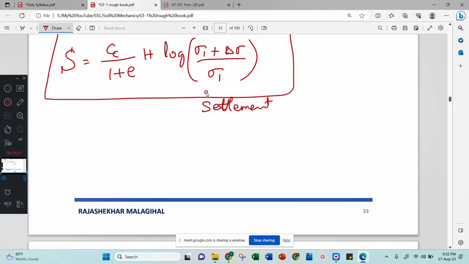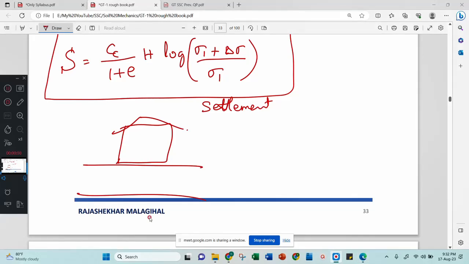See here, generally when you build a building, this is a building built on the soil, and soil will get settled. If anyone asks you, building is built on the soil, why will soil get settled? Because soil is compressible. Then why is the soil compressible? There are four reasons. If the soil is saturated and clay, what is the reason for settlement?